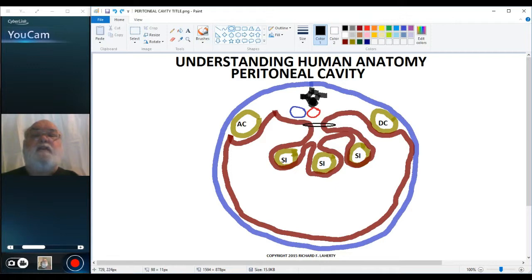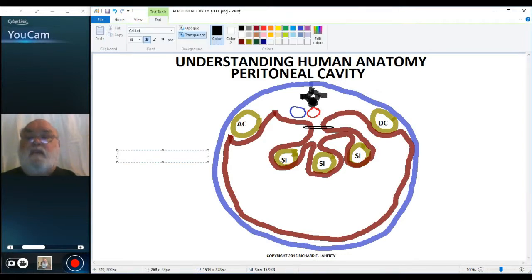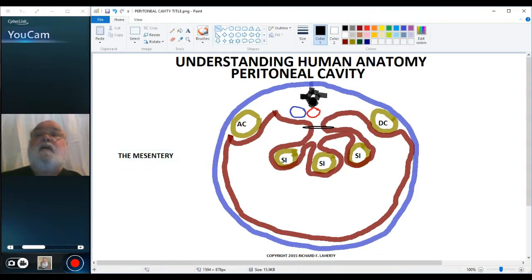Again, this mesentery, which is the mesentery of the small intestine, is called very simply the mesentery. We'll draw a line to it.